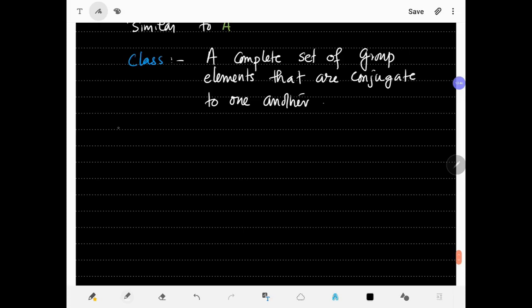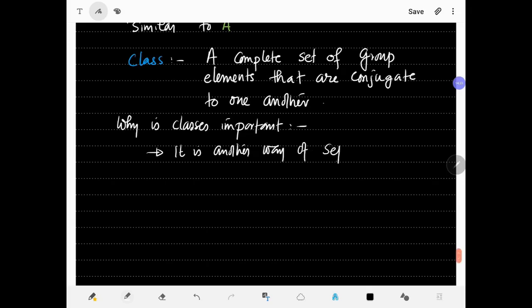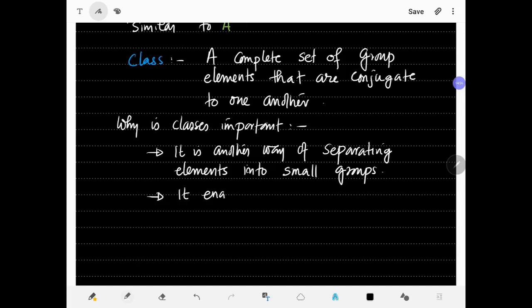Now you may ask, why is class important? There are many reasons. And the first one is, it is another way of separating elements into smaller groups. So separating into smaller groups can be done using classes. Now the second one is, it enables us to identify some of the important properties of a group.